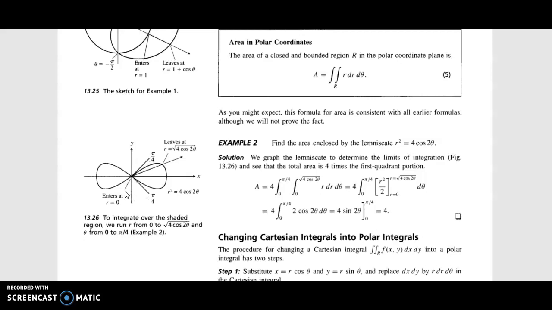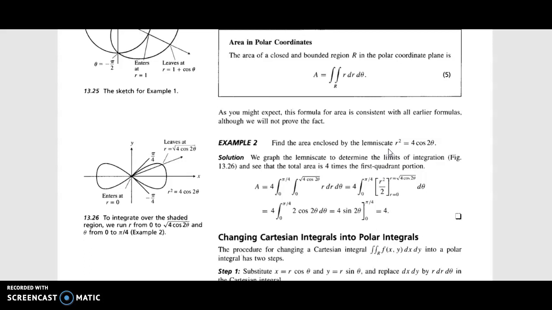In order to find the total area, we need only find the area in the first quadrant. After that, we will multiply by 4 and then we will get the total area, because this is symmetric about both the x and y axes.